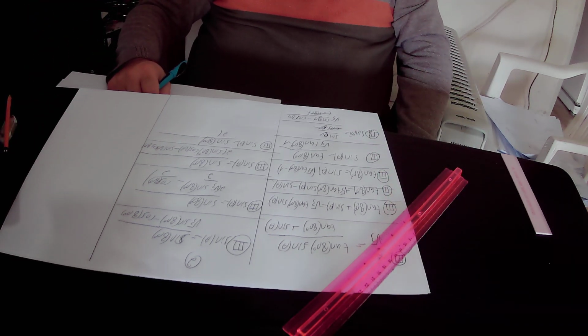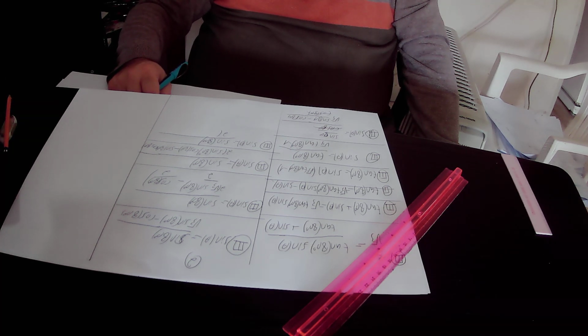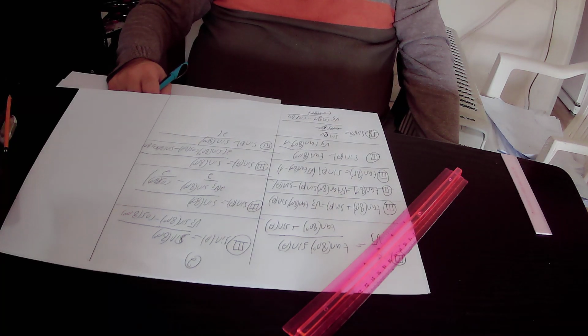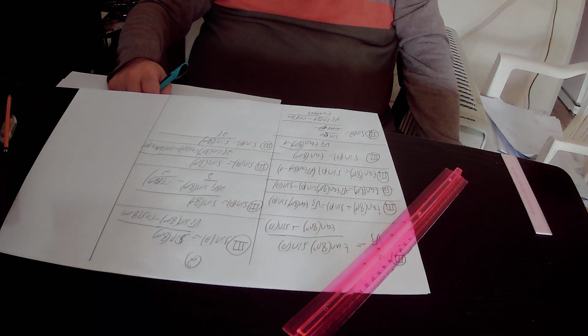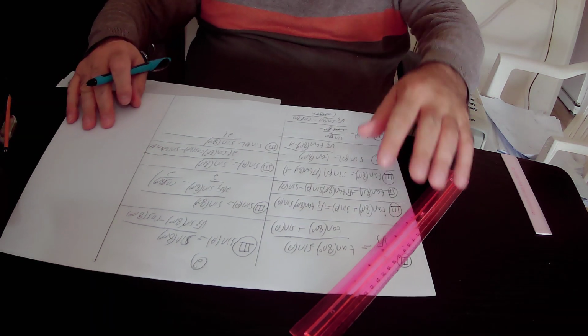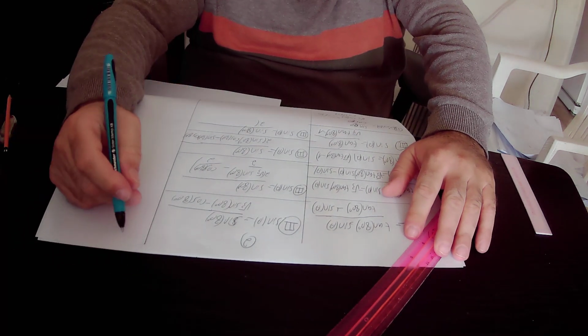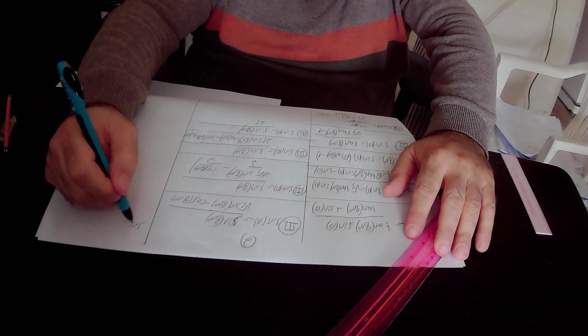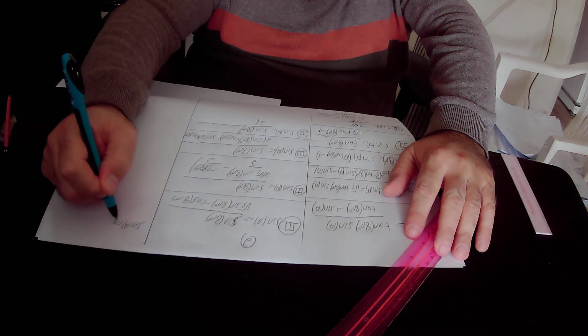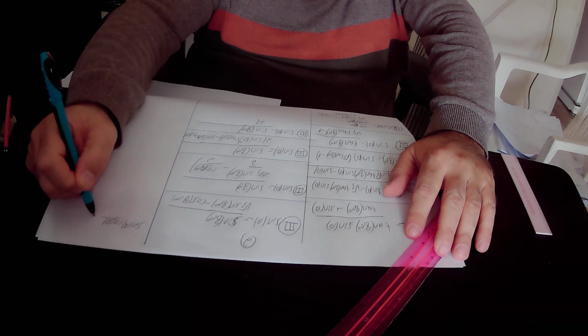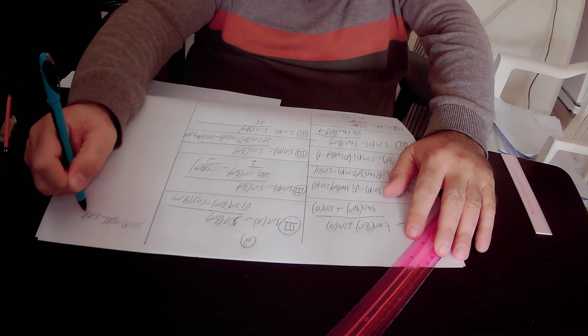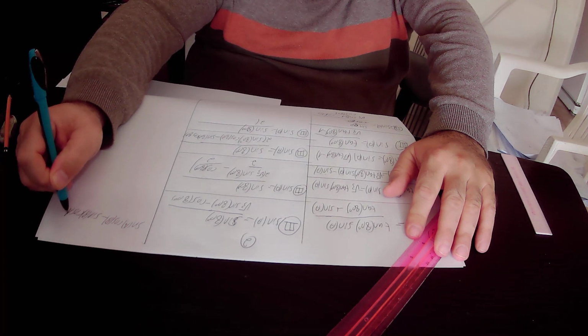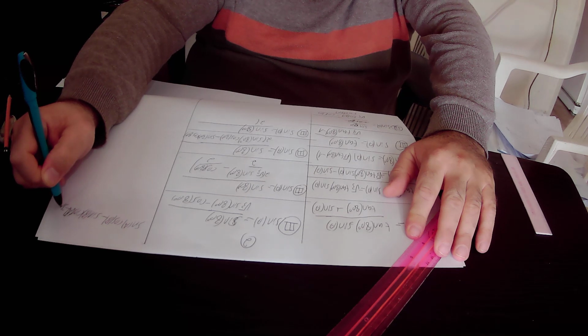Here the expression sine 80 degrees cosine 30 degrees minus sine 30 degrees cosine 80 degrees is very similar to the trigonometric identity that states that sine A times cosine B minus sine B times cosine A equals sine A minus B.